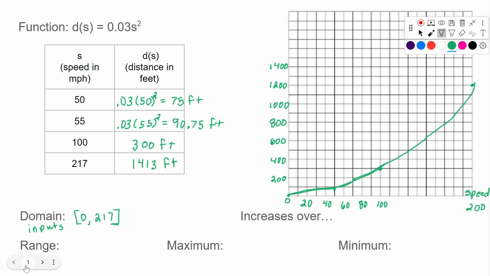For the range, that is going to be the outputs. What are the values for the outputs that correspond to our inputs? Well, our minimum value in the range is 0, and its maximum, if we look at the table, is 1,413.